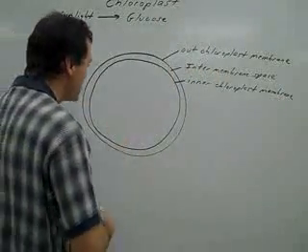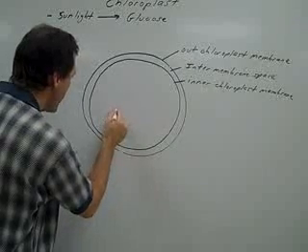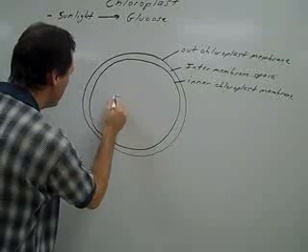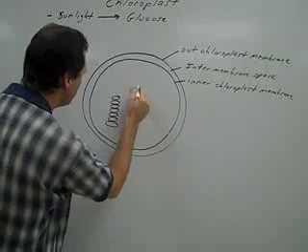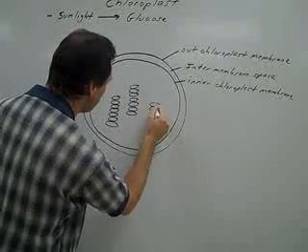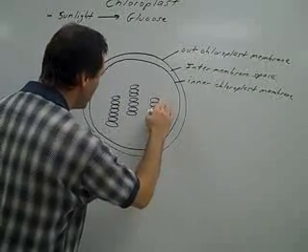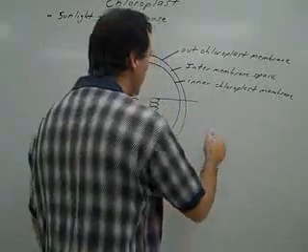Within the chloroplast are stacks of membranes, stacks of sacs of membranes. Lots and lots of these stacks. I'll draw just a couple of these stacks. The membrane here is referred to as a thylakoid membrane.